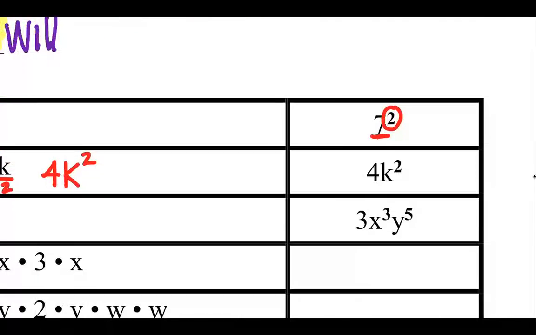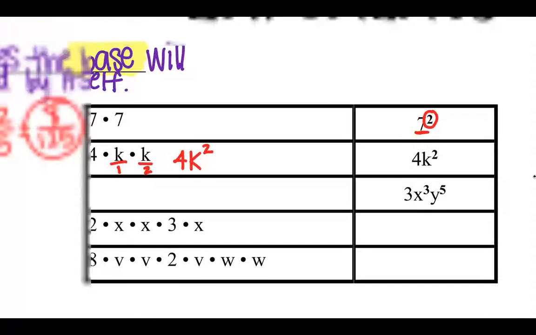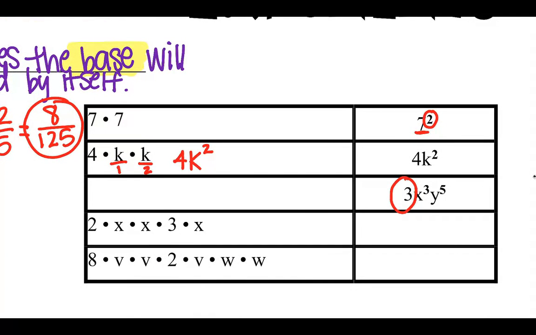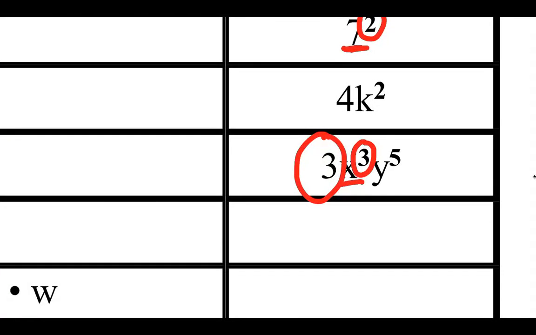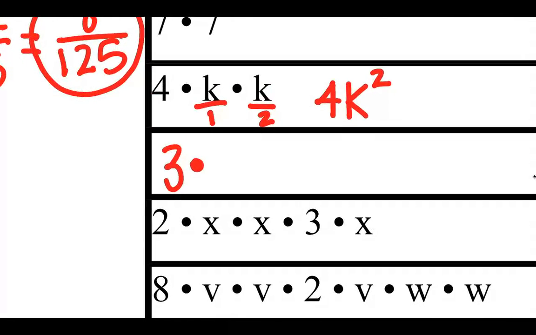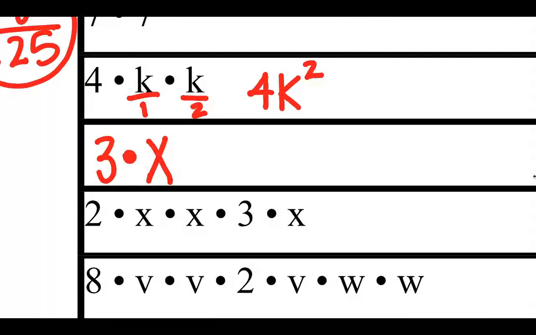Okay, so this time I'm supposed to write it out. I've got this 3 out in front, so I'm just going to put this 3 out in front here. Then I've got x. X is the base, but I'm multiplying x times itself 3 times. So it's 3 times x once, x twice, x 3 times.